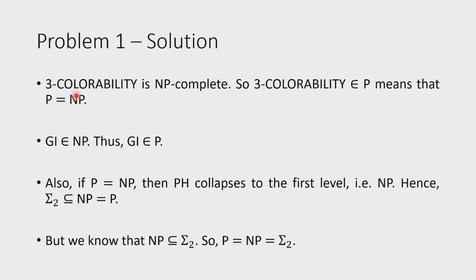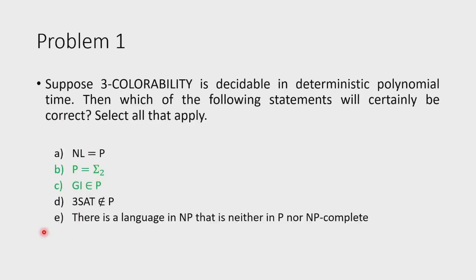We know that 3 colorability is NP complete, so if 3 colorability is in P, that means P is equal to NP. Now we know that GI is also in NP, so if P is equal to NP, then GI is in P. So that tells us that this option is correct.